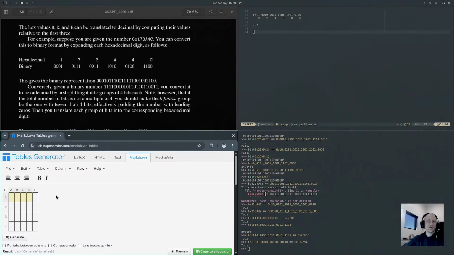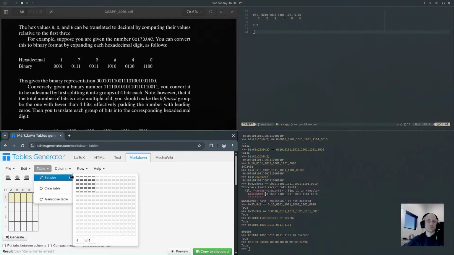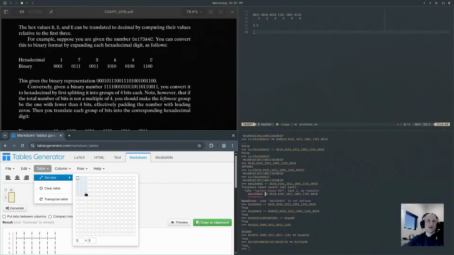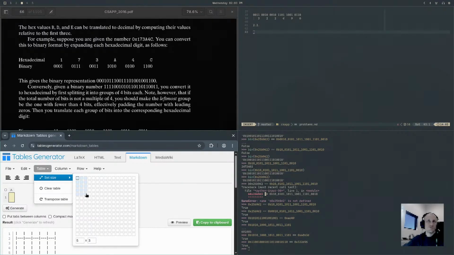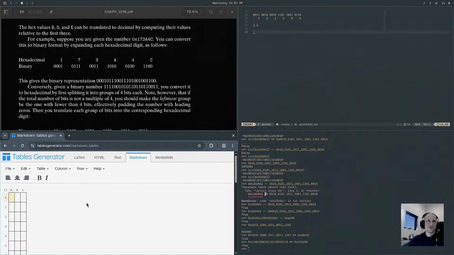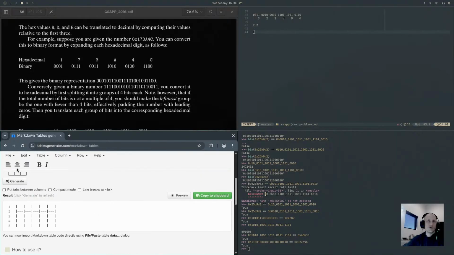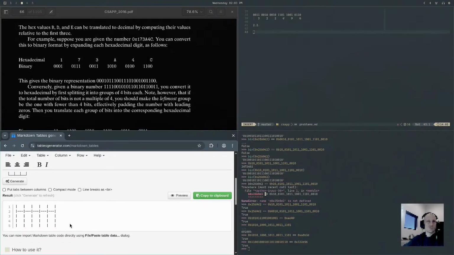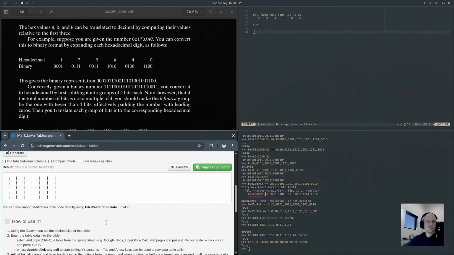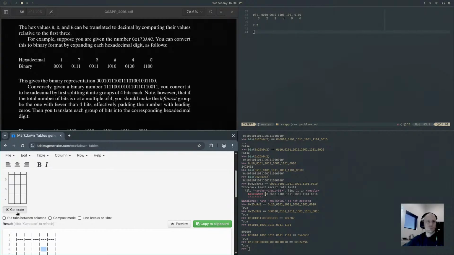So this is going to be table 3 by 7. And I want no header. I guess I can just delete that manually. Whatever, I'll keep it. Why does this only have 5? Preview, generate, there we go. That's what I need.